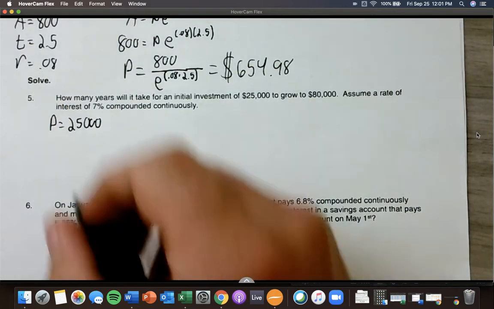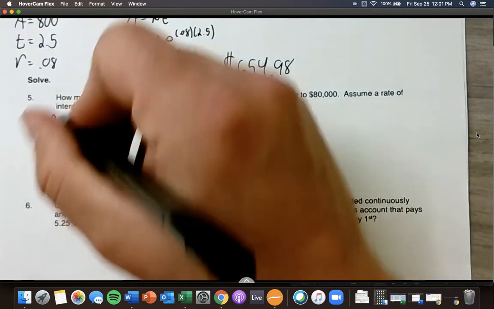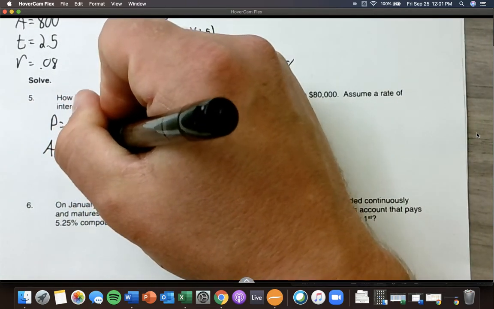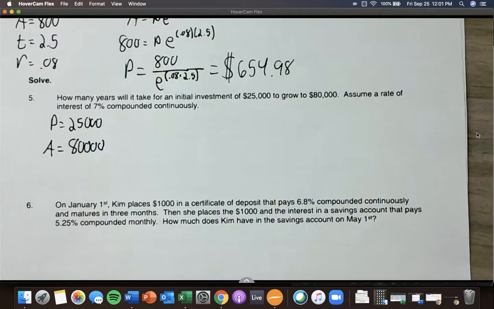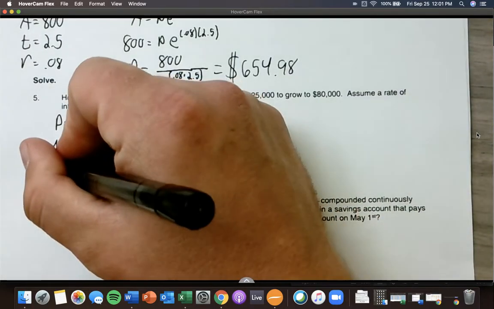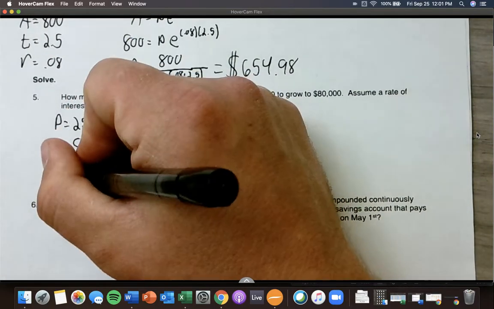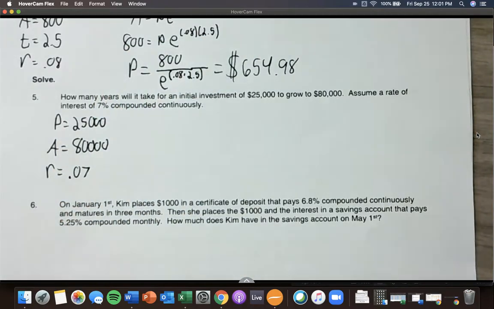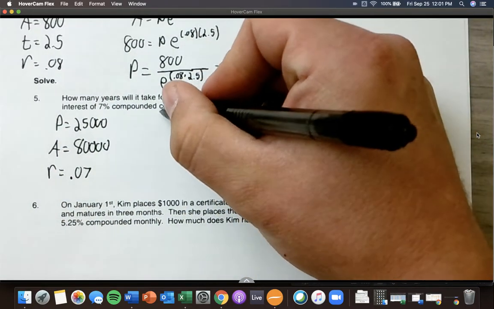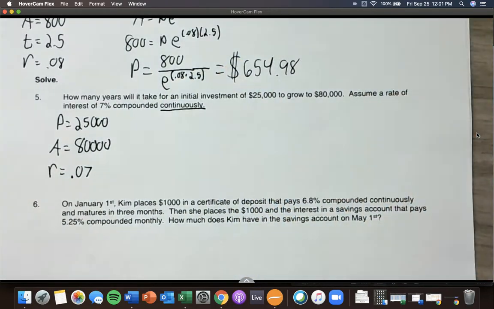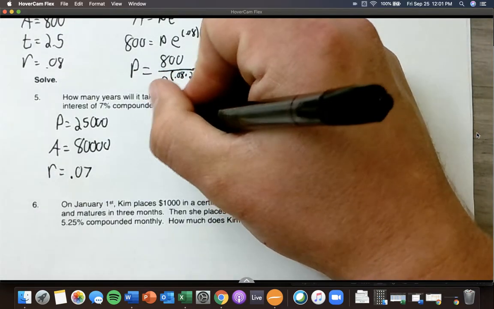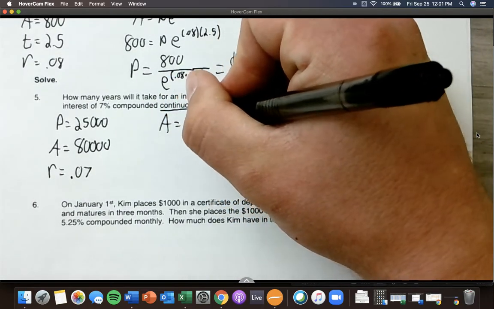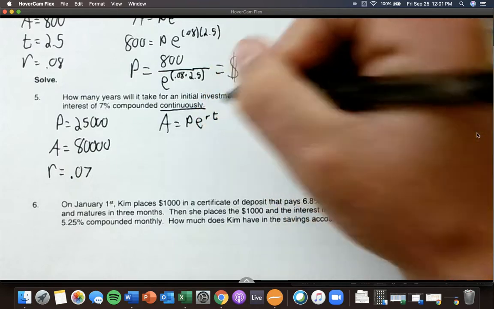It's growing to, which is our A value, 80,000. The rate is 7%, which is 0.07, and we're compounded continuously, right? So we know we're going to be using the equation A equals P e to the rt.